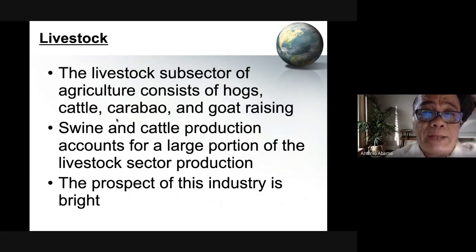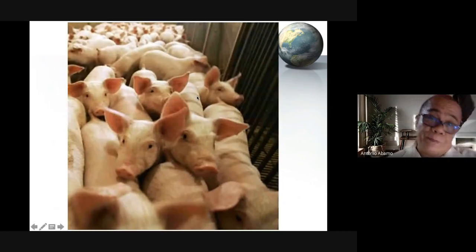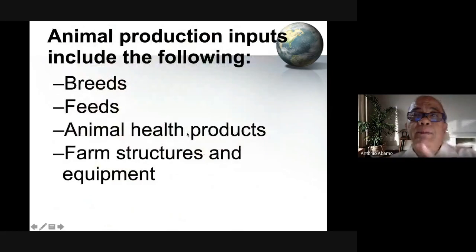We import a lot of these meat products from other countries in order to support our increasing demand for protein in the country. And you can see that these are examples of hogs for further meat processing. And then you have also animal production inputs.